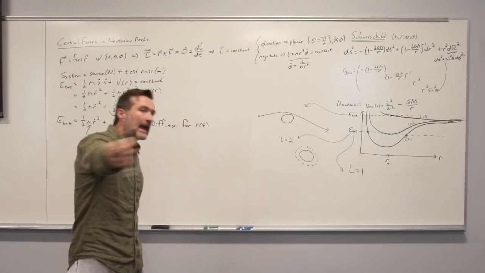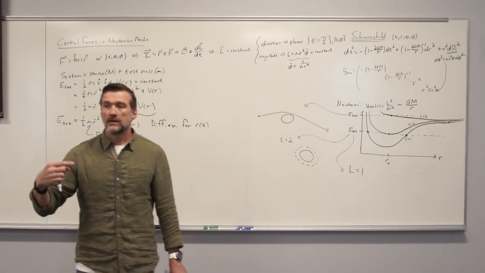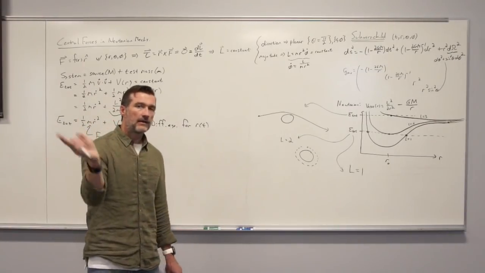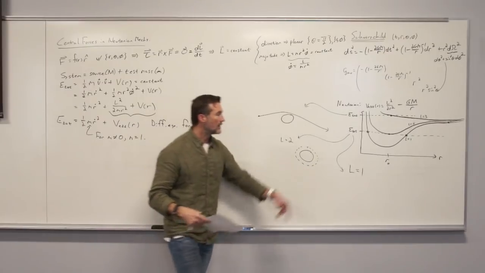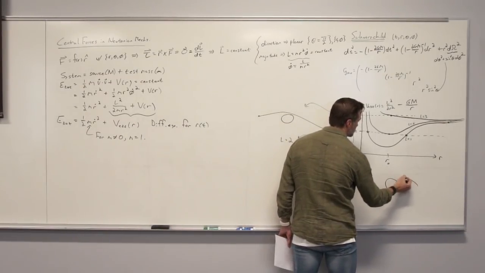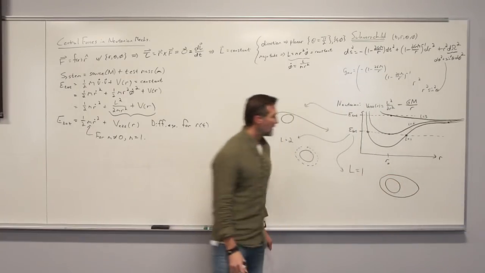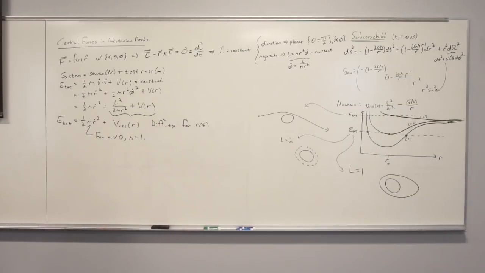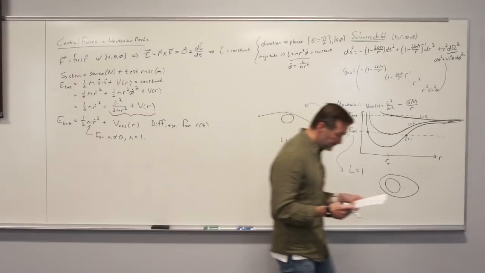You also have an angular part of your motion because you have non-zero angular momentum. So you're going around the thing, that's just captured by this angular motion which we've wrapped into L. So in this situation, we have an elliptical orbit. And as usual, the large gravitating object is at the focus of the elliptical orbit. Okay?